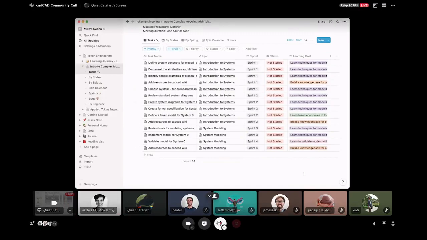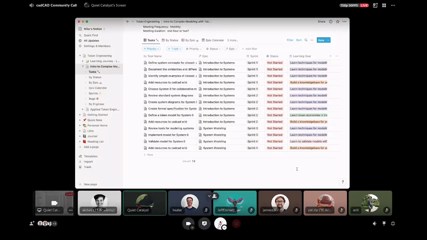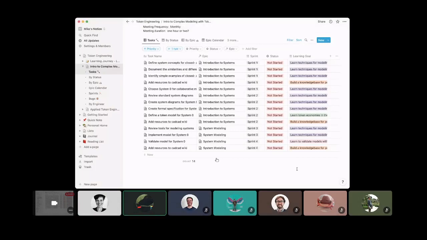Yeah. So sprints 1 to 3, I guess, are pretty tool agnostic, right? And then you dig into cadCAD once you start verifying and running simulations. Yeah, and I think it'll be interesting to see how that unfolds. There's value in looking at the different tools available and thinking about which tool I should choose for which situation.